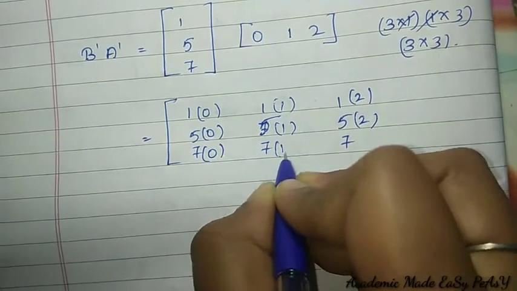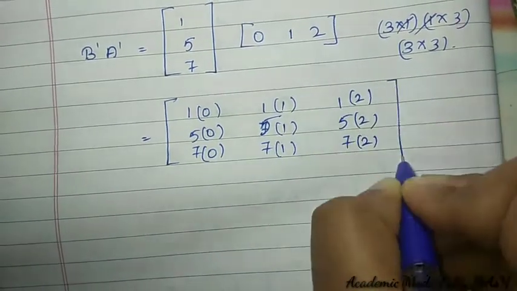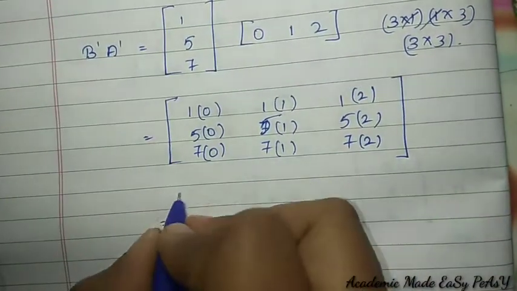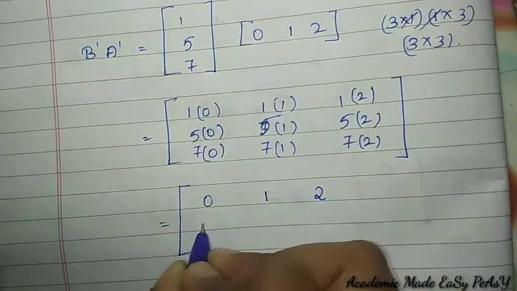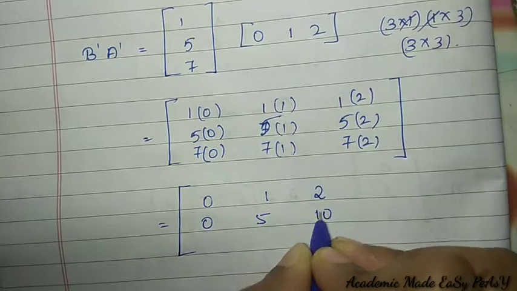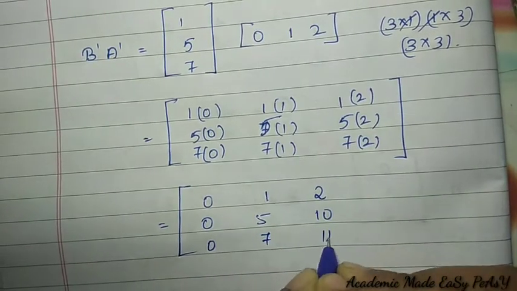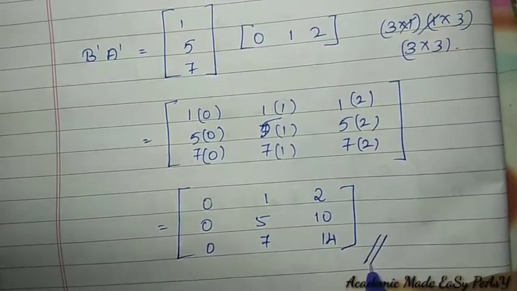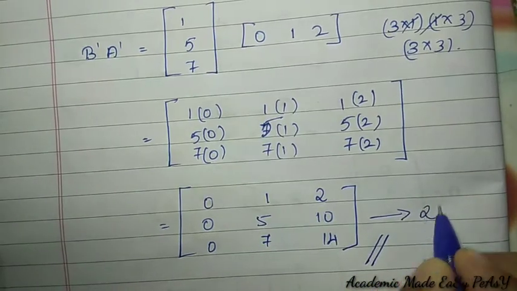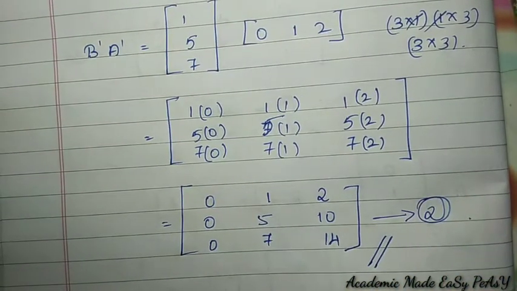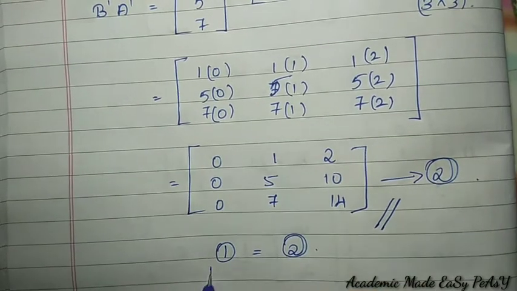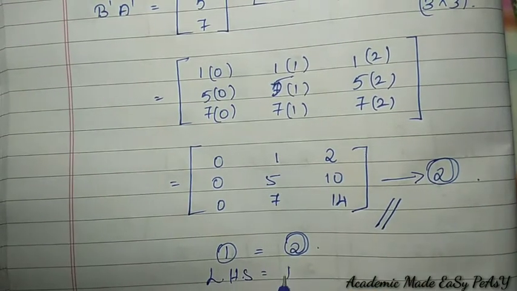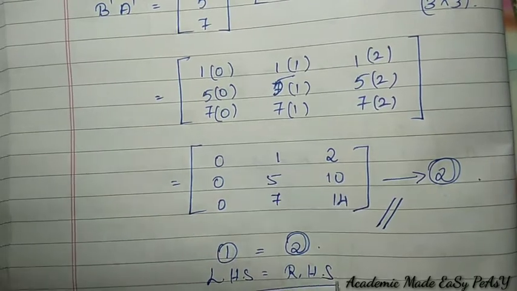If you have any doubt or if you want me to do it slowly, just mention it in the comment box. That's it. This is the required equation and this will be equation 2. If you check equation 1 and 2, they both will be equal. So LHS is equal to RHS, hence verified.